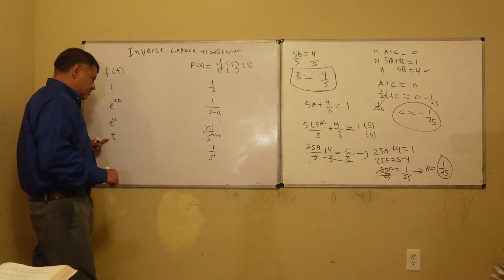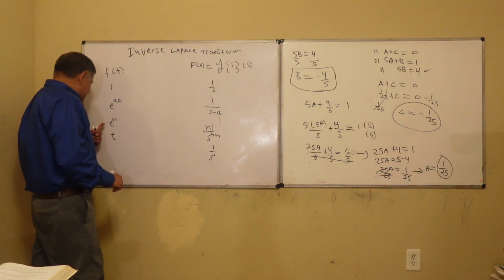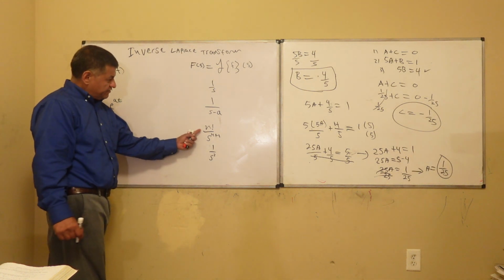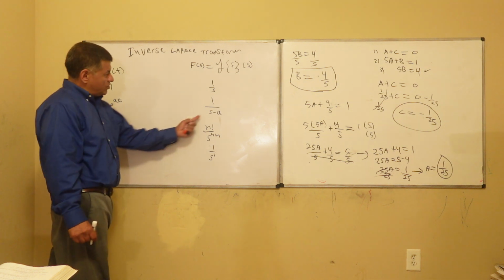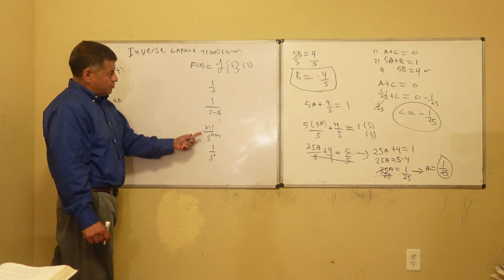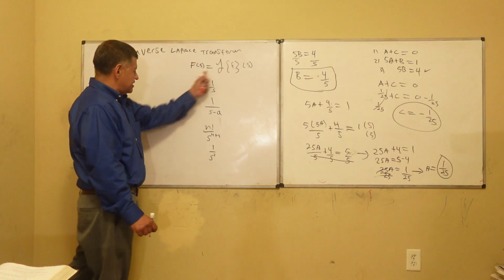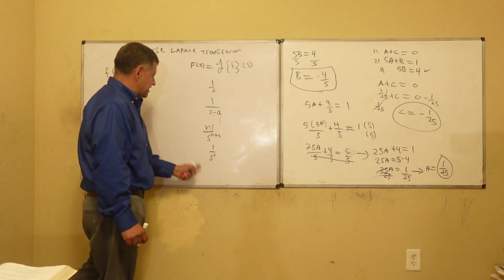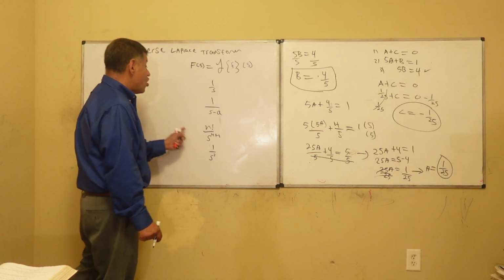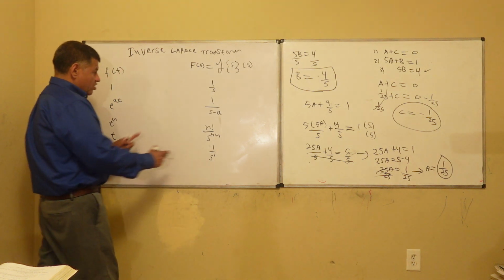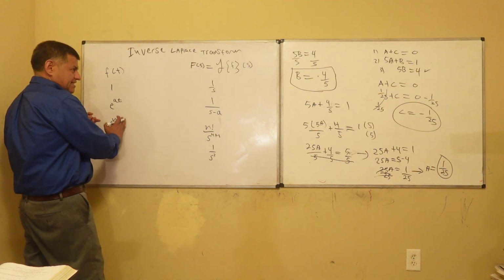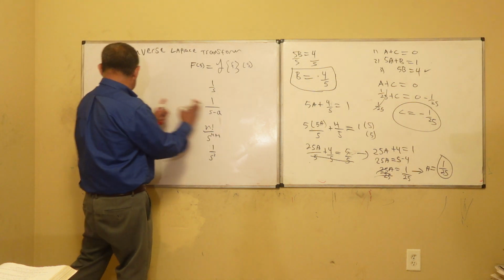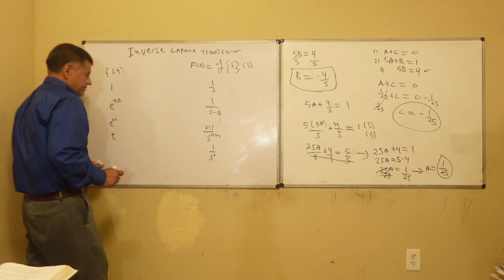So when it's t, it's 1 over s squared. But when it's t to the n, we get this factorial. Totally different things. When it is e to the at, we get this. So basically this is the Laplace transform already. We use the table to find the Laplace transform, or you can find the inverse. This is the Laplace domain, this is the time domain, okay?